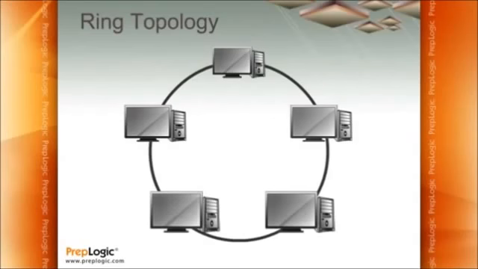If one computer wanted to talk to another computer, it would send its packet out on the ring, and that packet would move all the way around the network until it got to the computer with the corresponding MAC address. At that point, that computer could also send data, or it could just pass and move an empty packet along. If somebody needed to send something, they would send it along, otherwise they would just pass. That was what we called a ring topology.